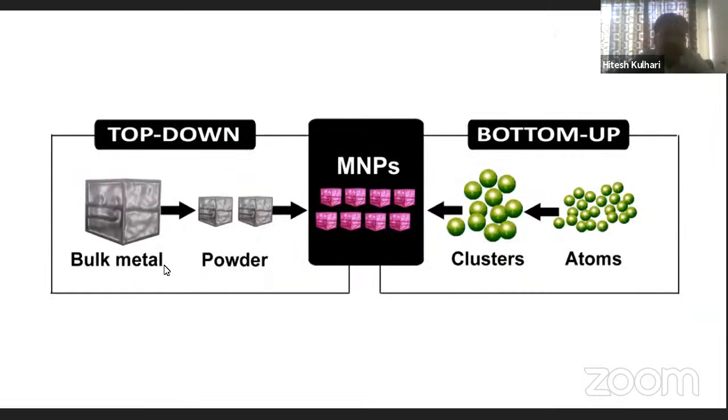Simply, you can understand from here that in the top-down approach we take a bulk material which is converted into powder form, grinded powder form, and if we reduce the size further, it is converted into nanoparticles. But in the bottom-up approach, we start from the atoms, and these atoms clump together to form clusters, and clusters join together to form the nanoparticle.